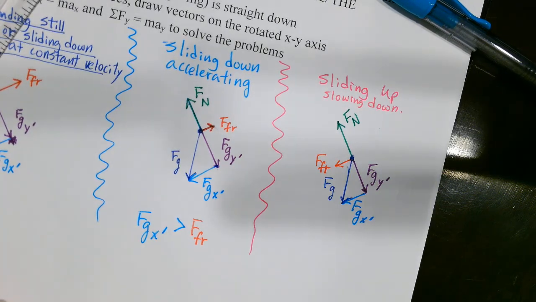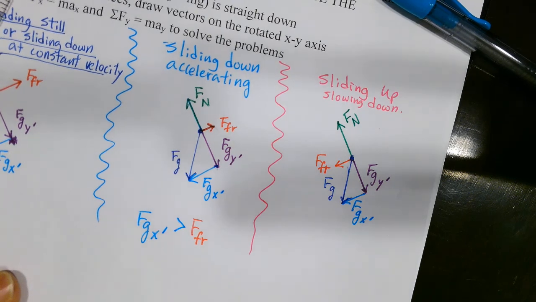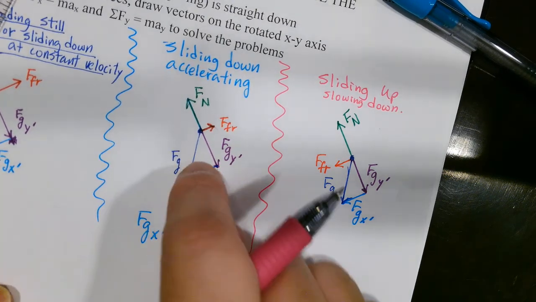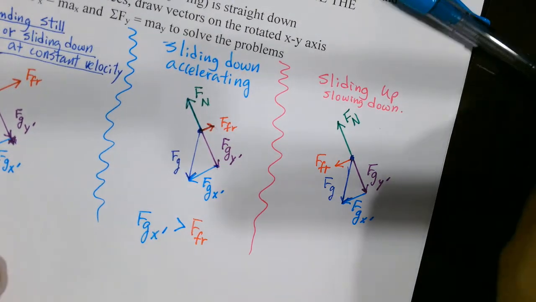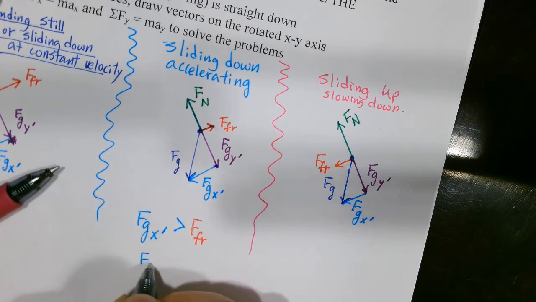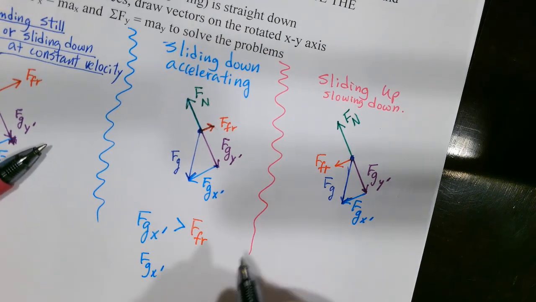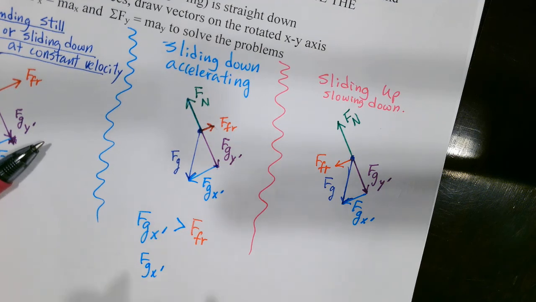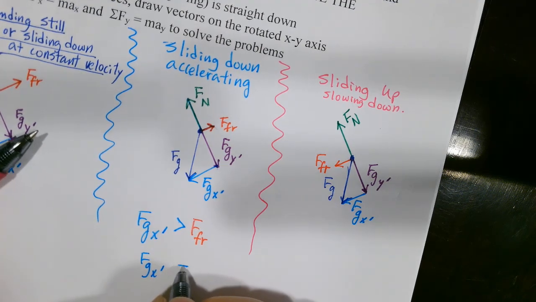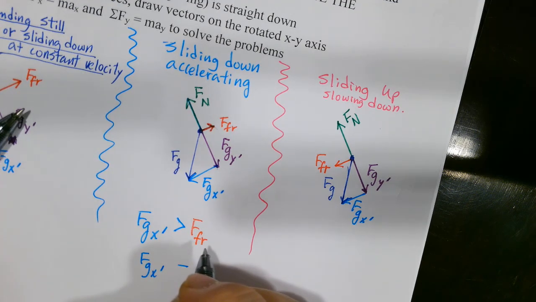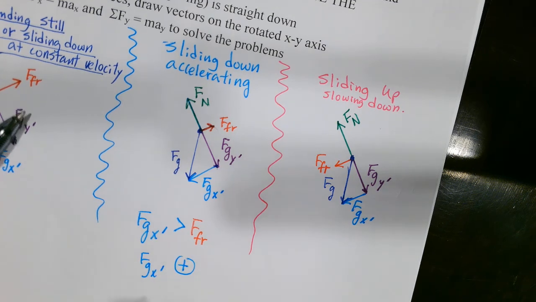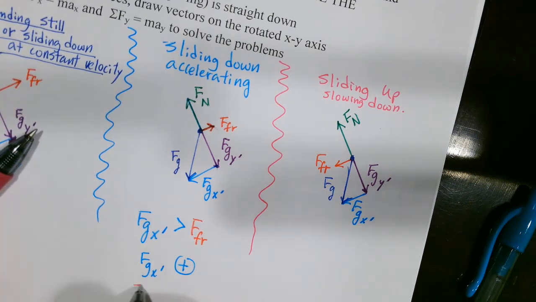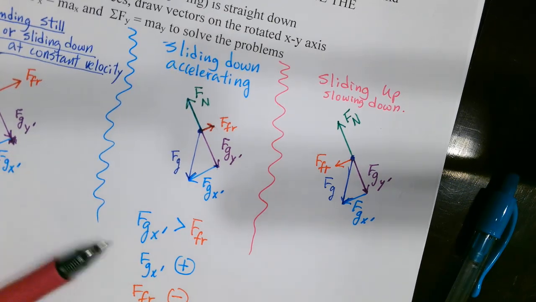Okay? And if you were to make the direction of motion positive, this will have your FGX prime, right, going to be positive, and your friction will be negative. Okay?